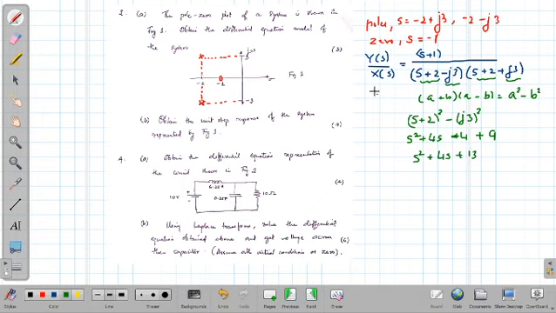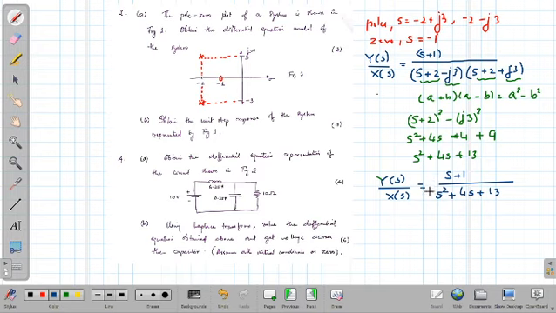Correct? And hence y of s by x of s becomes, so let me write once again, y of s by x of s equal to s plus 1 divided by, what is the denominator? S square plus 4s plus 13. Now, if you have the transfer function, how to find the differential equation?